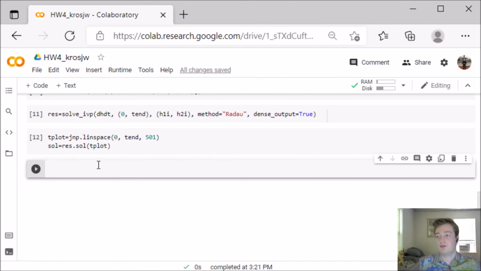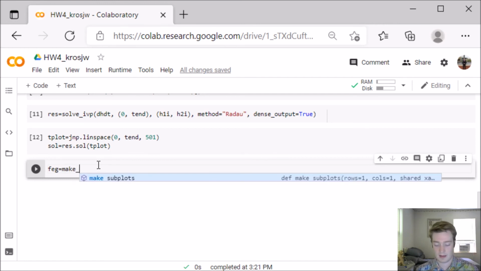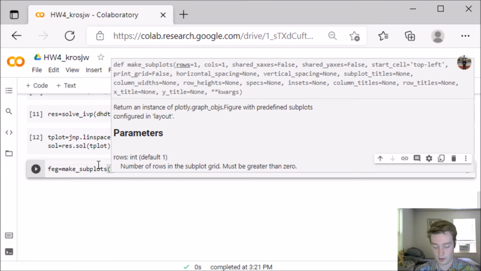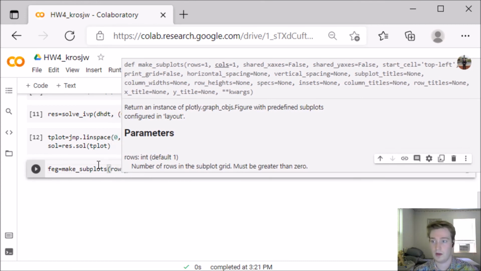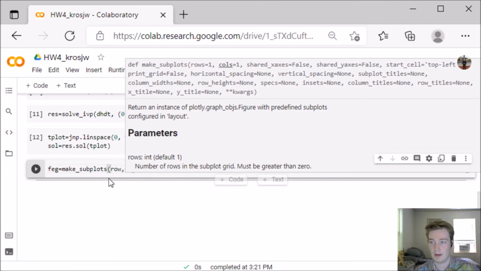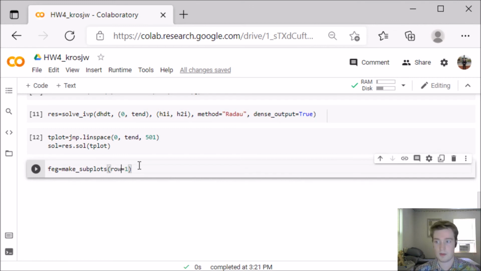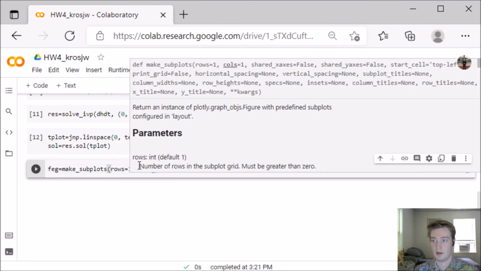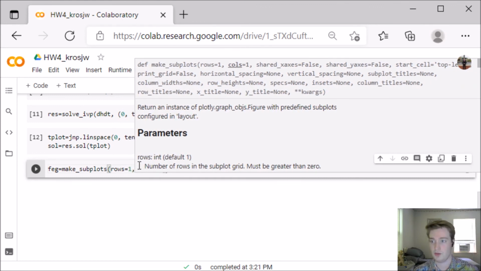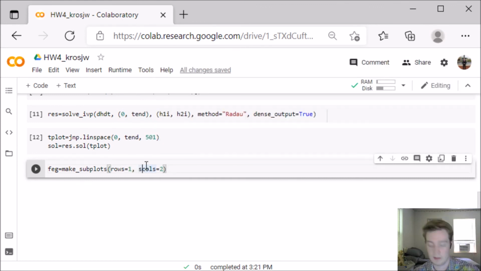So to start these graphings, we're going to make a figure. So fig equals make subplots. How many rows? We're going to want 1 row. Row equals 1, columns equals 2. And we're going to call this fig, not feg. There we go.